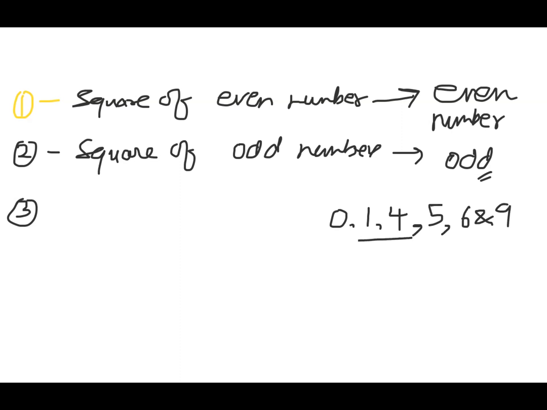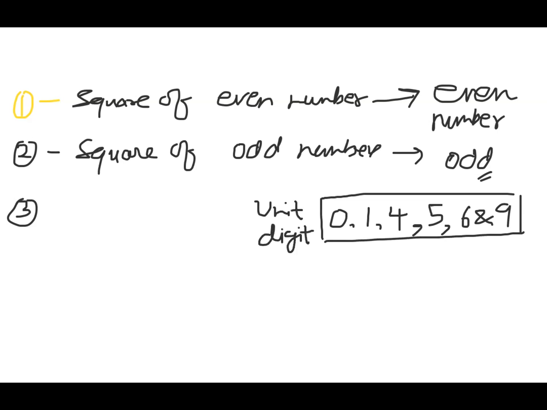If someone asks you to find whether the given number is a square number or not, simply look at its unit digit. Its unit digit is going to be like this. In the place of the unit digit, it will be 0, 1, 4, 5, 6, or 9. Okay, so the third property becomes what?